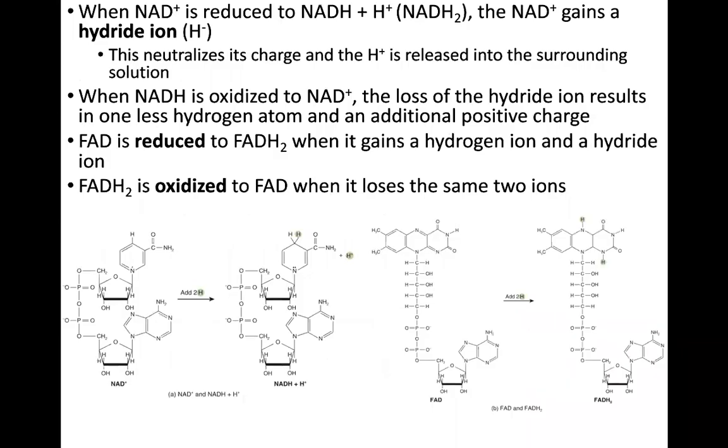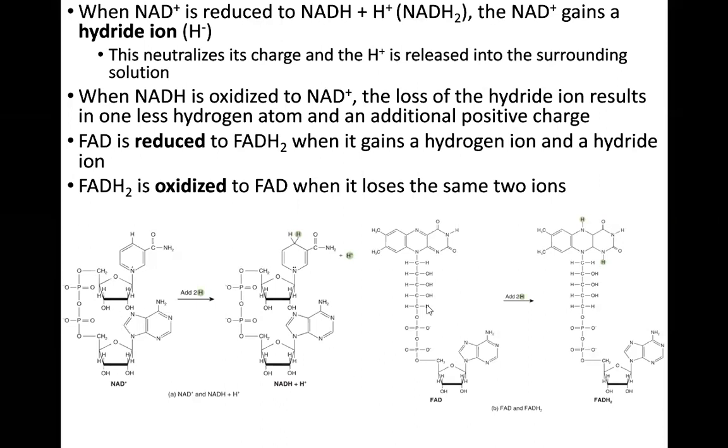Now, looking at this next page, we show what takes place when those NADs and FADs gain those electrons and hydrogens. NAD plus becomes reduced. What you'll see listed sometimes is NAD plus, which is its oxidized form.